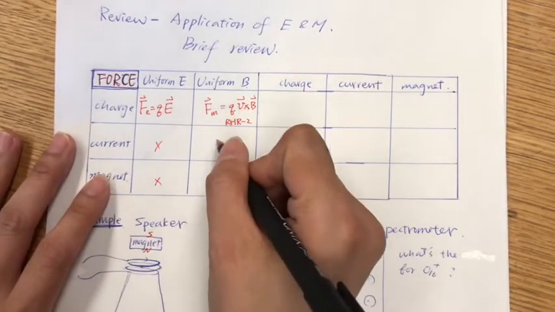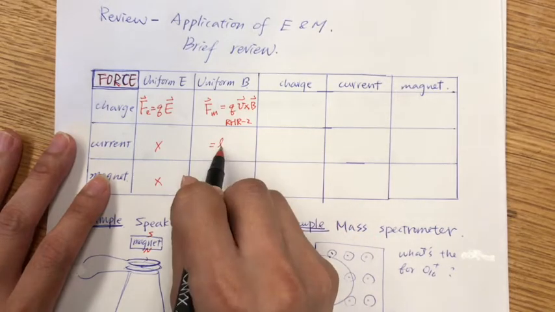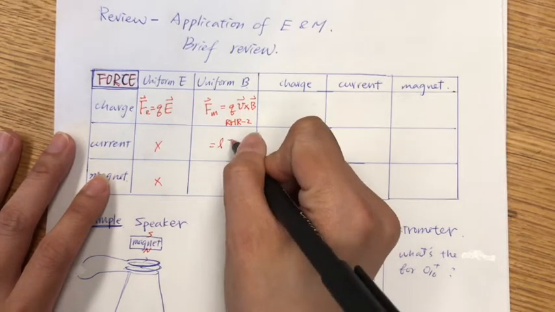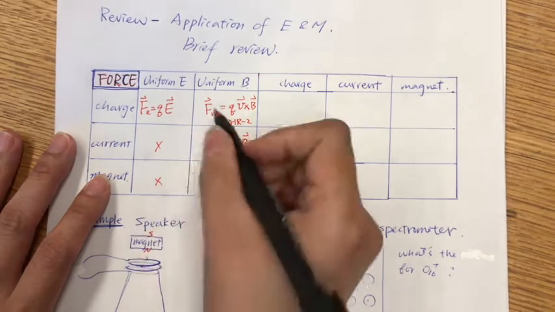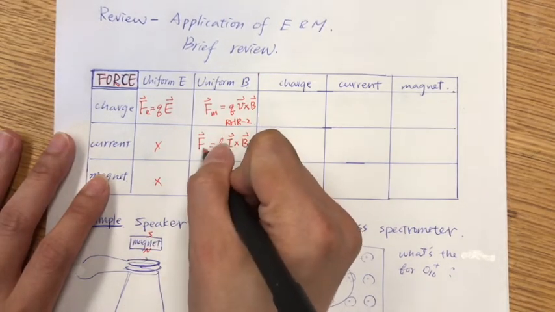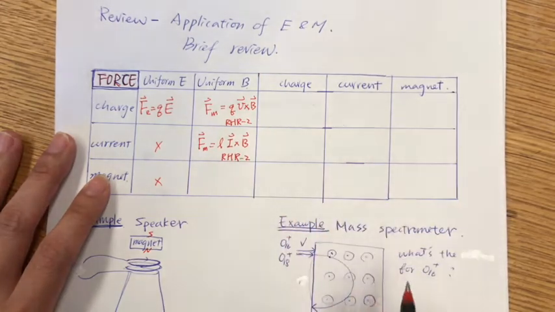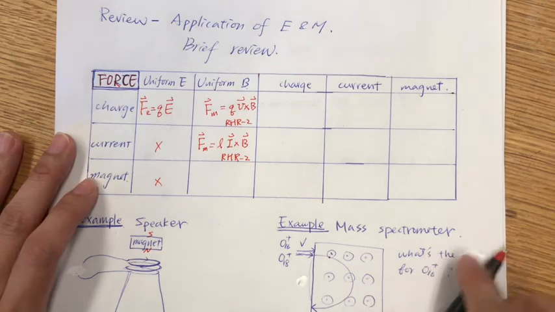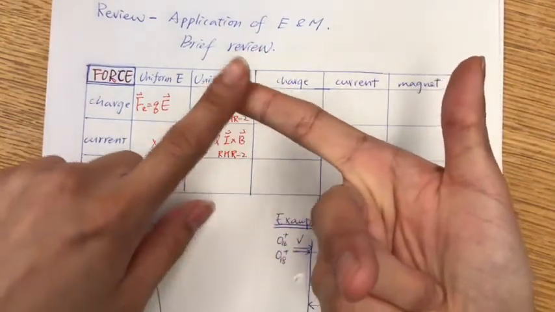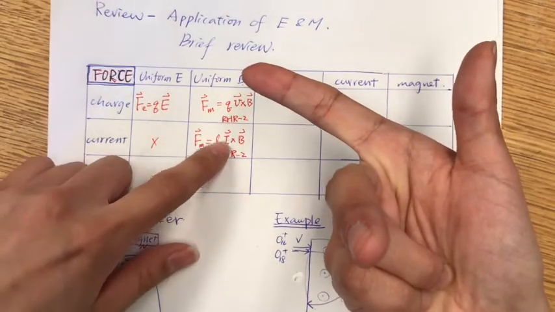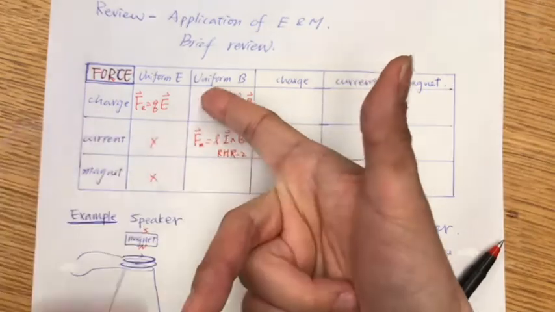So same for the current. If we put some wire of the current in the magnetic field, it feels a magnetic force. We will use the right-hand rule 2 to figure out the direction. So again, making sure that this would be your velocity or your current, this would be your field, this would be your force.